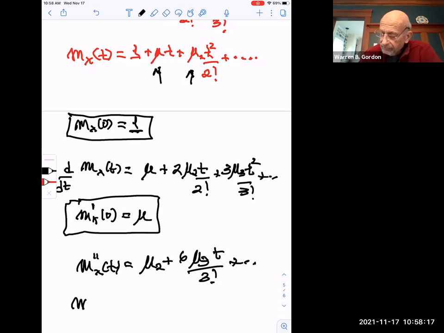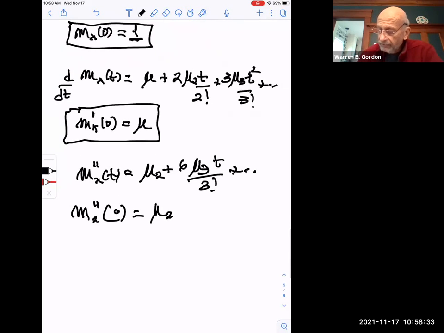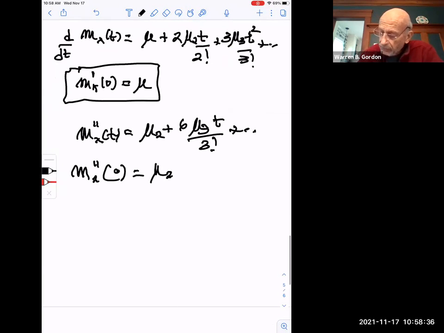And then notice the second derivative at 0 is equal to mu2. So let me just show you what I've just shown. Okay. So I've just proven the following.